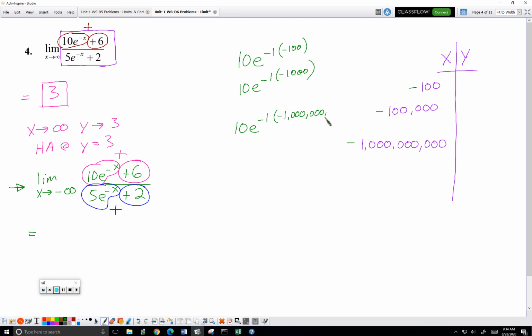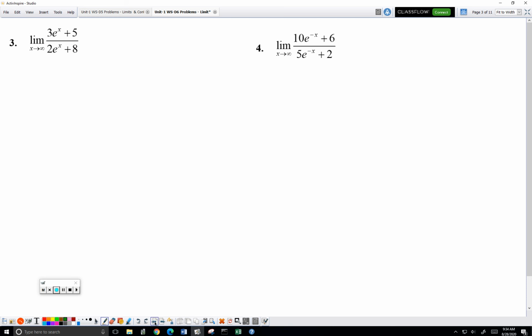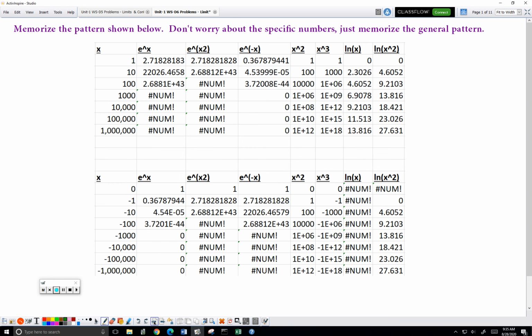Something like that. So what happens is the two negatives multiply, and it becomes e to the positive a billion, and e to a positive number, like we showed here, we're following this pattern, where e to a very large positive just grows immensely. Does that help? Cool. Anybody else?